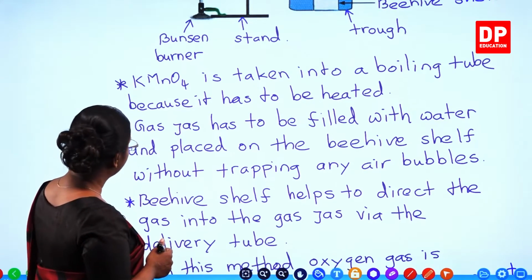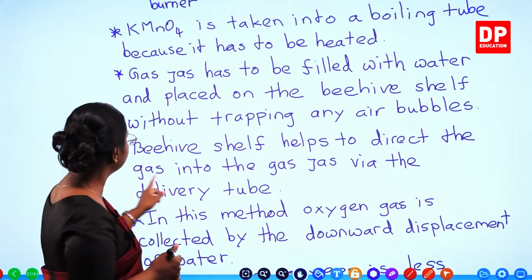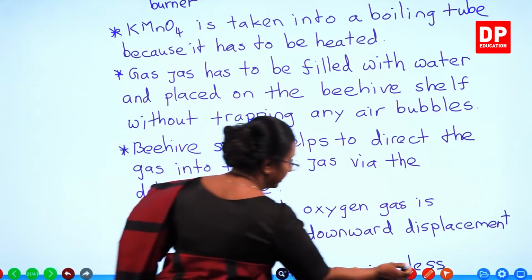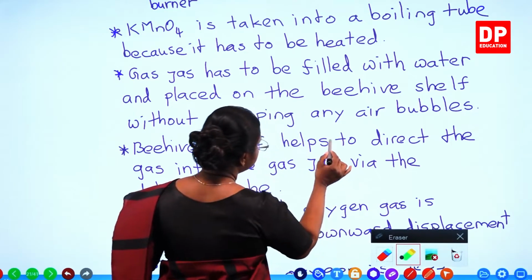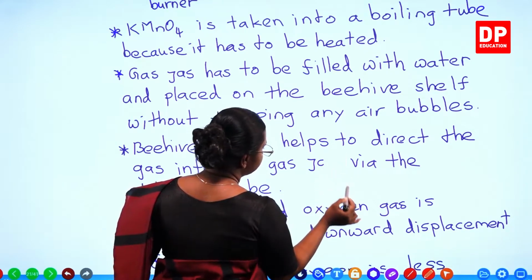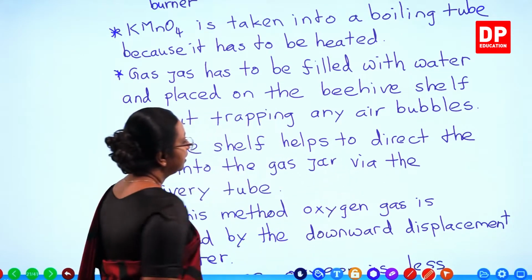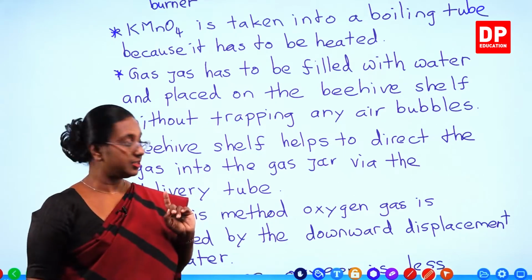Then we have to have the beehive shelf. This actually helps to direct the gas into the gas jar via the delivery tube.